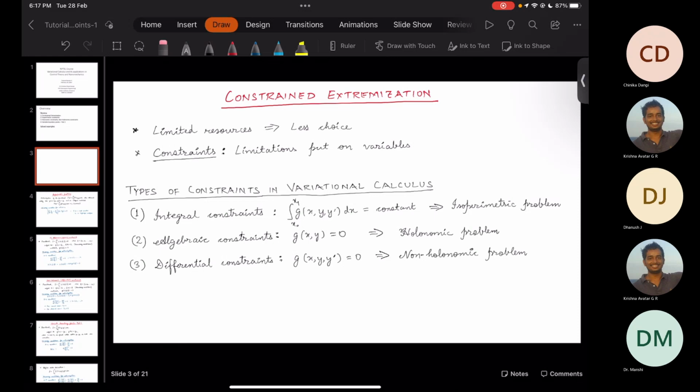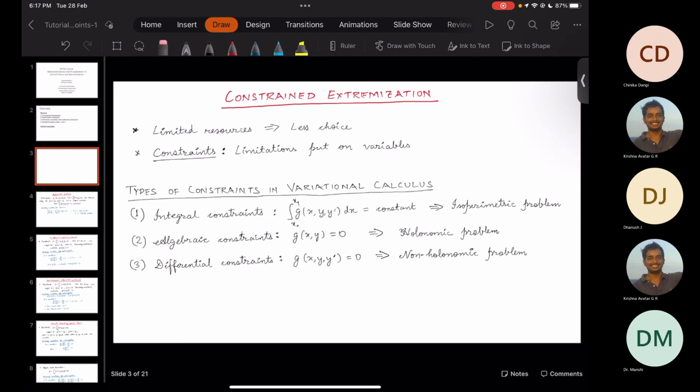Then we follow it up with algebraic constraints, for which the expression is g as a function of x, the independent variable, and just the dependent variable y. Problems with such constraints are called holonomic constraints or holonomic problems.